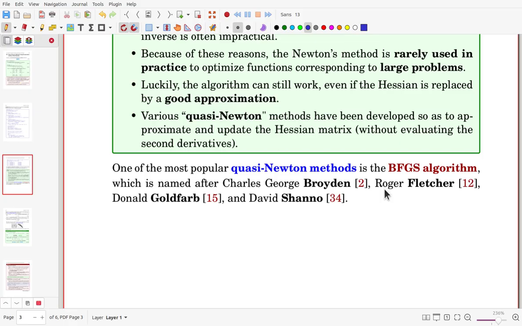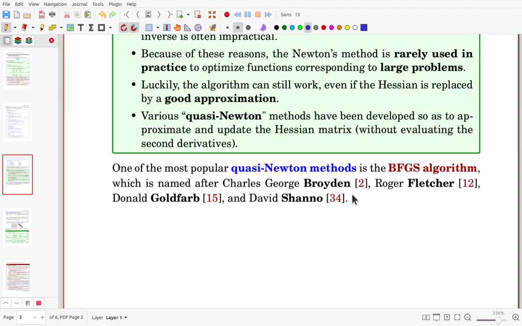These papers were published, so we give this name BFGS, and we really deeply appreciate their contributions to computational science. This is one very popular algorithm.